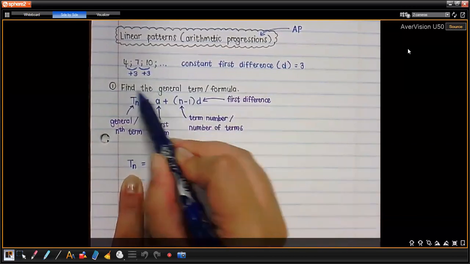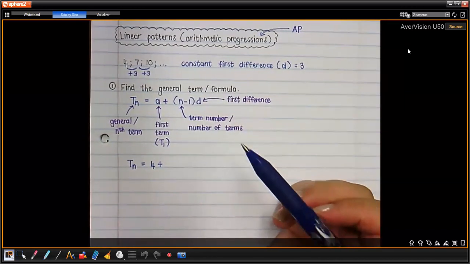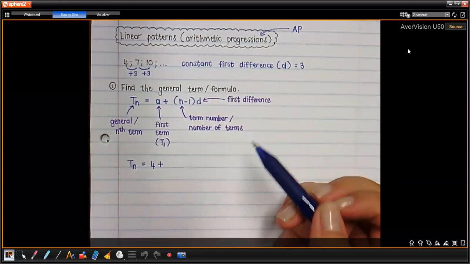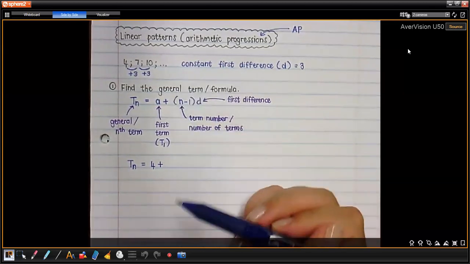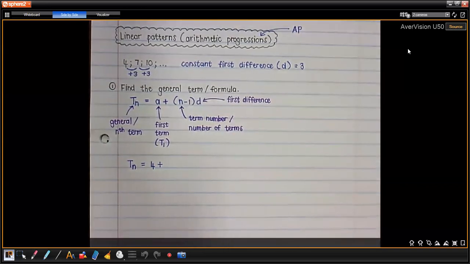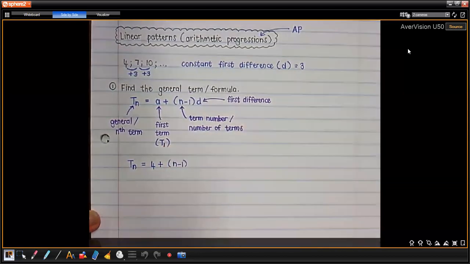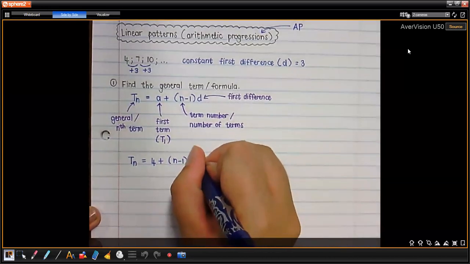If they're just asking for the general term or the general formula, did they tell us which term we're looking for specifically? No, right? They didn't tell us that we have 100 terms or we're looking for term 100. They're looking for the general term. So we are going to leave n as it is, as n minus 1. And then what was the constant difference in this case? 3.